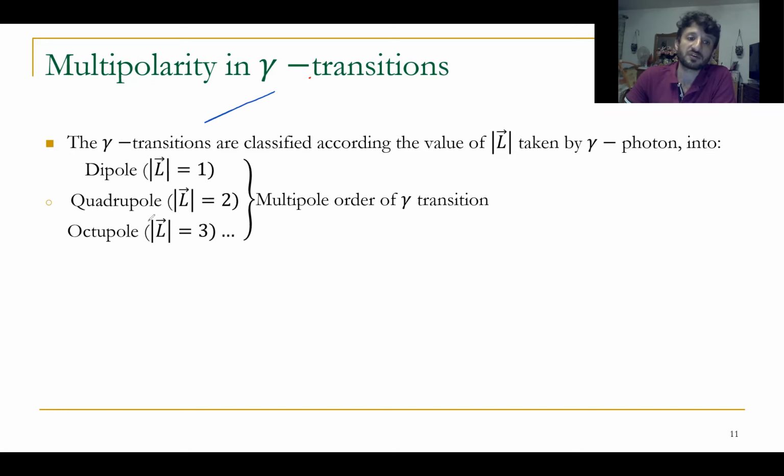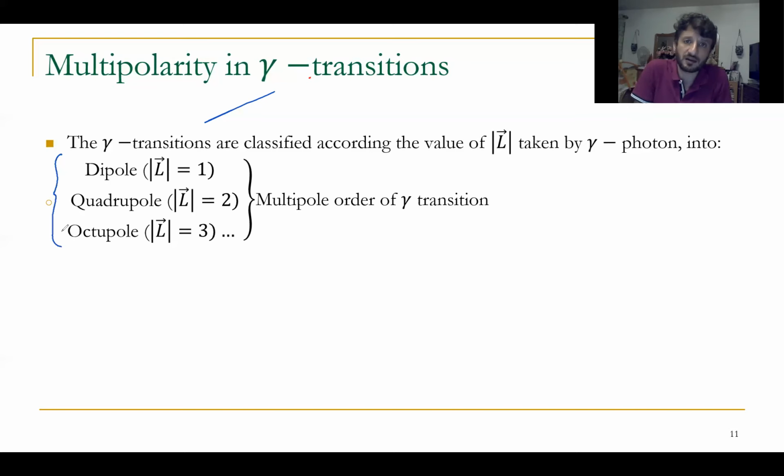If L equals 2, we have a quadrupole gamma transition. If L equals 3, we have an octupole gamma transition. These classifications are called the multipole order of gamma transition. So if I ask you to classify the transition according to the multipole order, it means you have to find L.